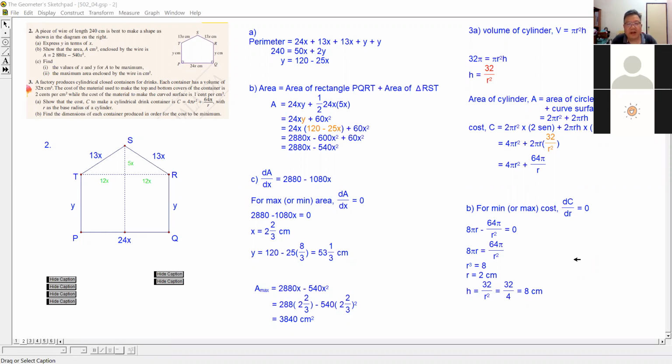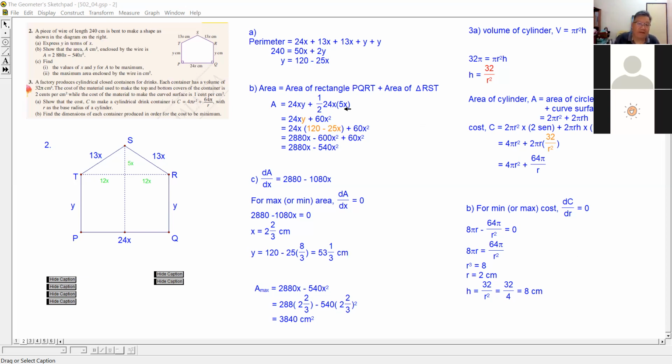In this maximum and minimum type of question, what you need to do is you have to know how to prove a formula. Okay, one formula. In order to prove this formula, it has two variables, like here. This formula A has x and y. So how to eliminate one of the variables from the expression here?